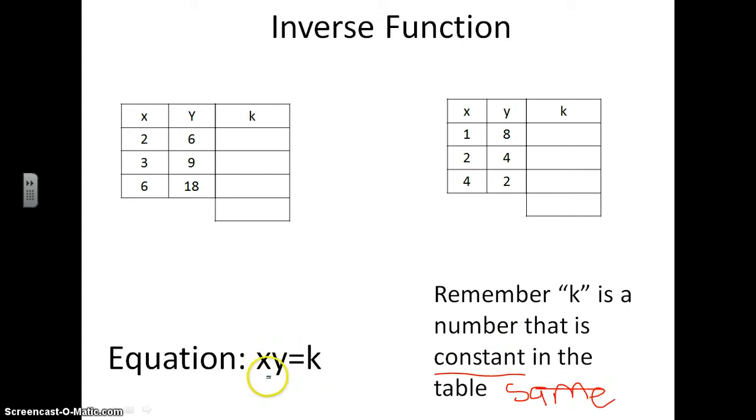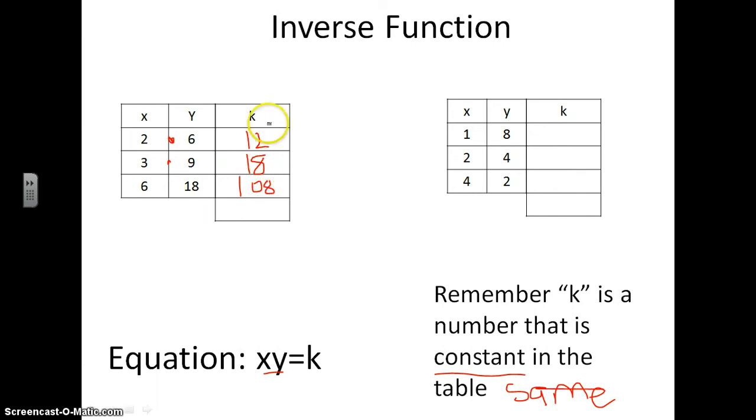So you're going to take your x and you're going to multiply it by your y. So up here, if I take 2 and I multiply it by 6, I get 12. If I take 3 and I multiply it by 9, I get 18. If I take 18 and I multiply it by 6, I get 108.